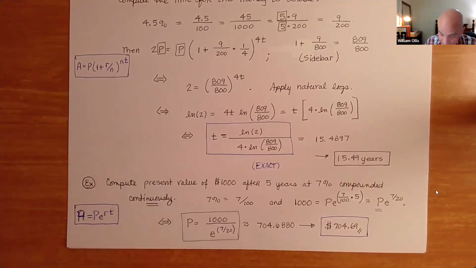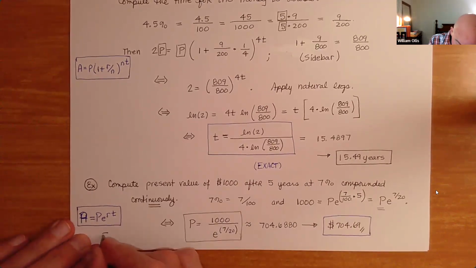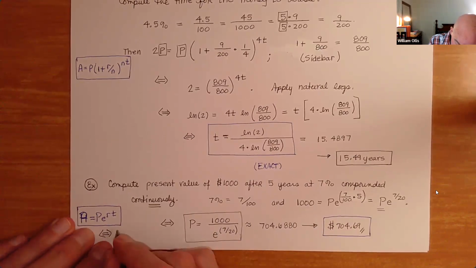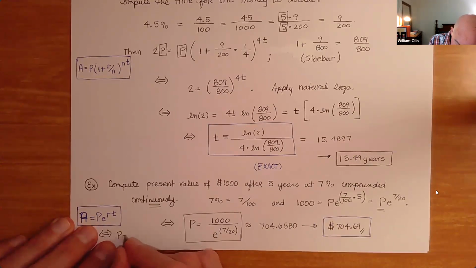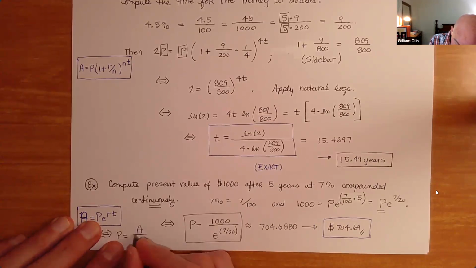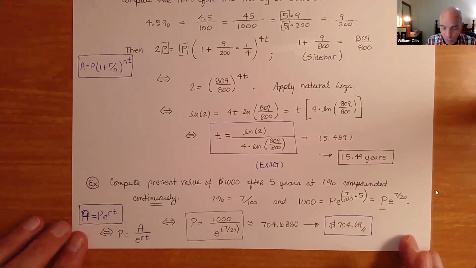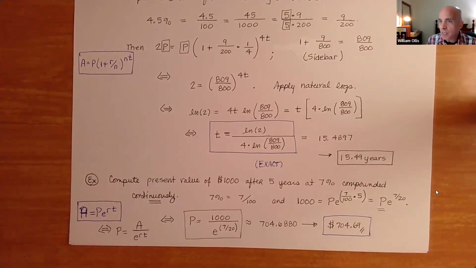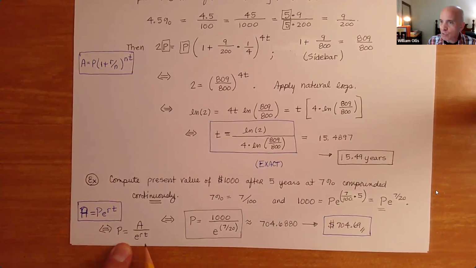Again, like I said before, you can make your own formulas and just say, in this case, P is equal to A divided by E to the RT. And of course, you could use some negative exponents and just write A times E to the negative RT. It doesn't matter. I think sometimes it's easier to write it this way because it's a little bit more apparent about the algebra. Negative powers are very useful, but this is more than adequate.